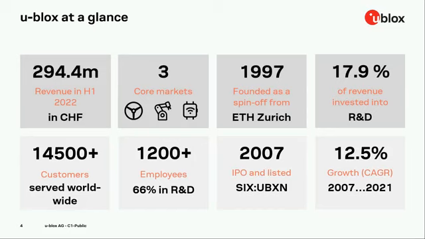Our products serve 3 core markets: automotive, industrial, and consumer. We were founded in 1997, so that's 25 years ago, as a spin-off from the Technical University in Zurich, the ETH. Out of our revenue, we spend almost 18% into R&D.